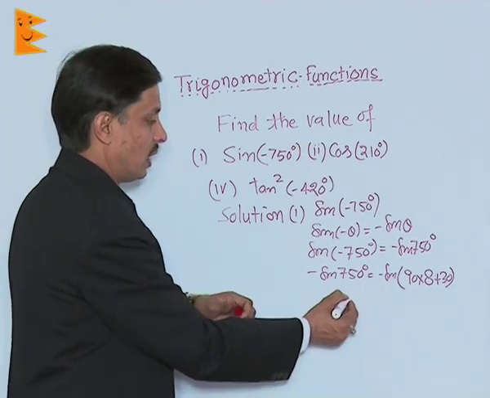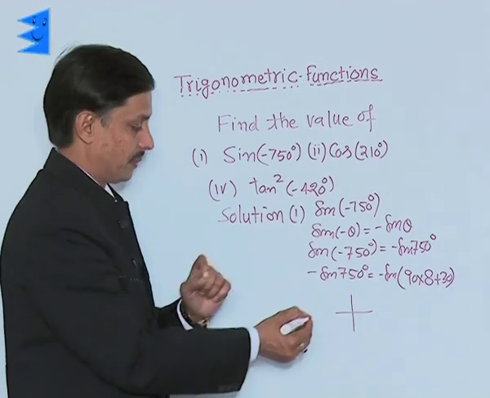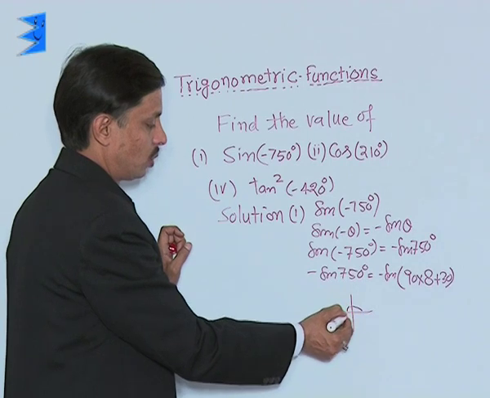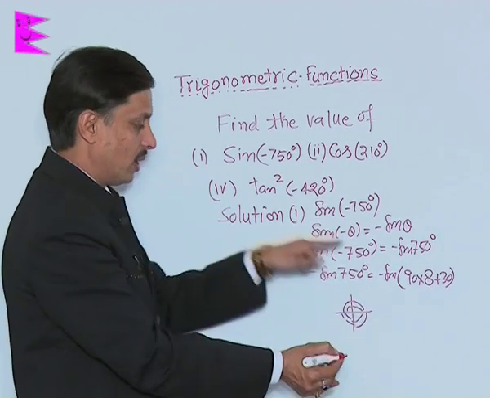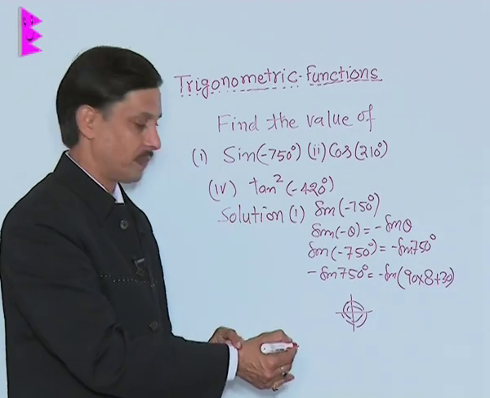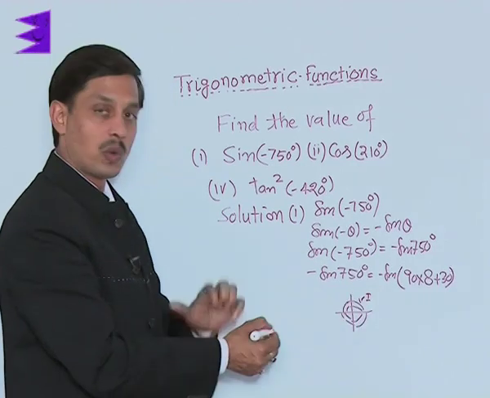Which quadrant are we landing in? 90 into 8 means 2 complete rounds, and then plus 30, which is definitely falling in the first quadrant.